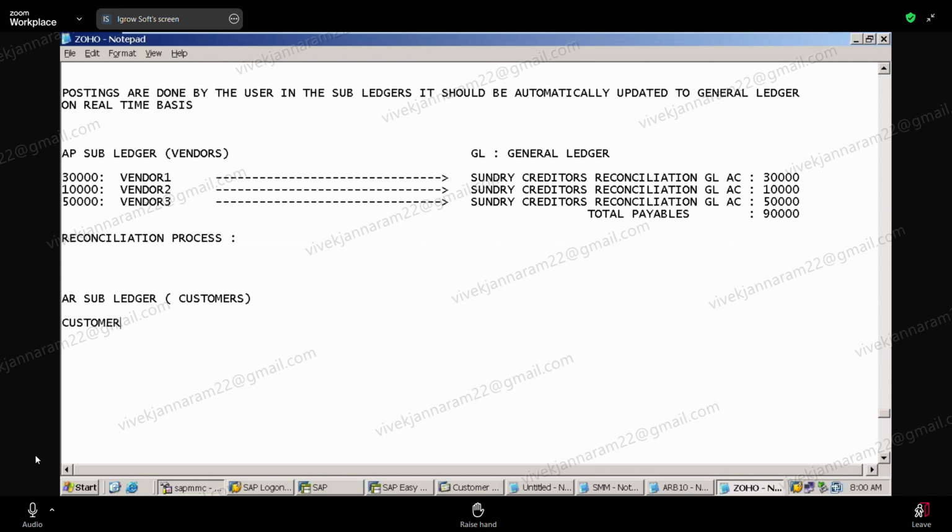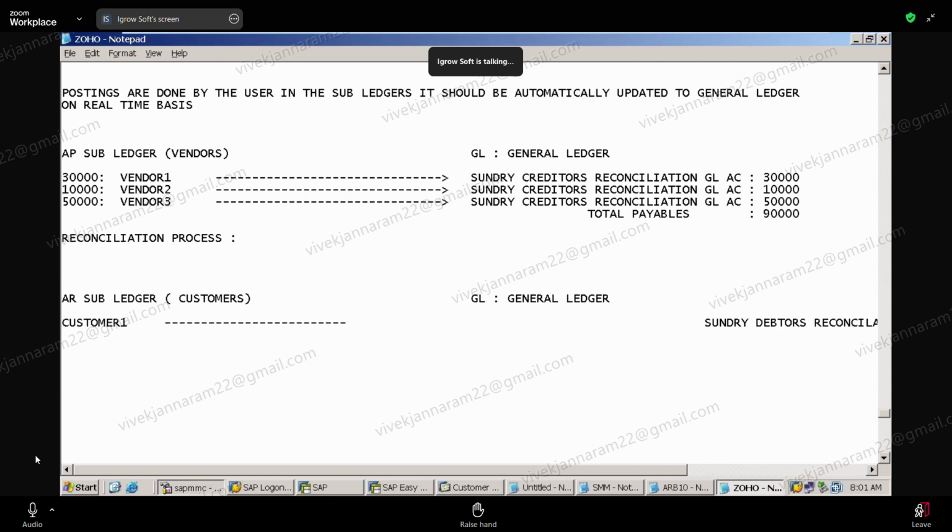For customer one, I will create one account in the general ledger, that is sundry debtors, a reconciliation GL account. And then I link this customer to this account.